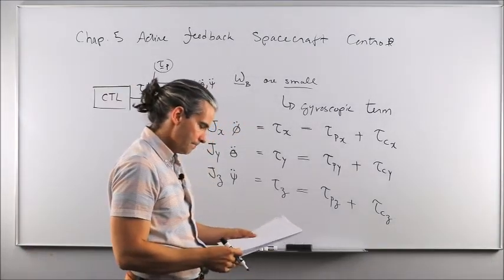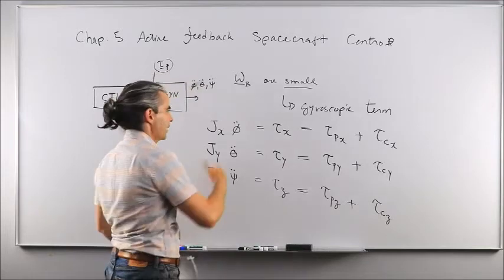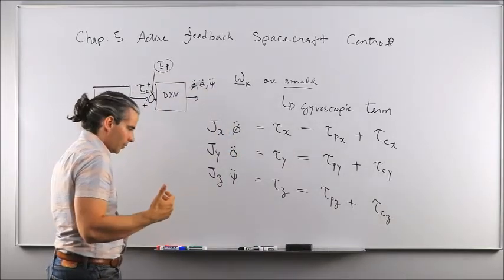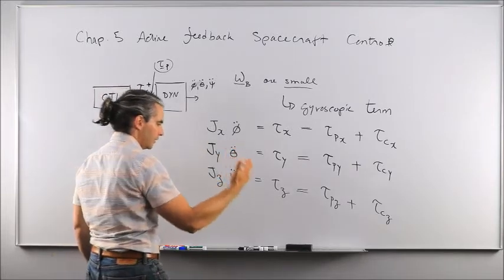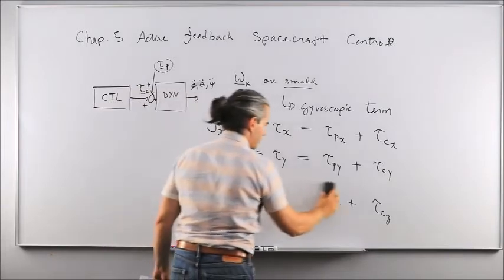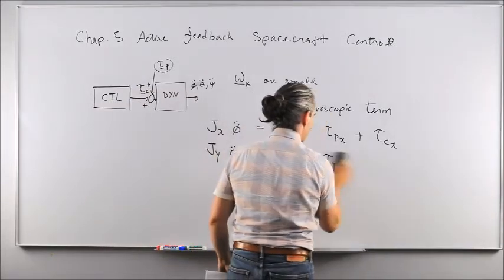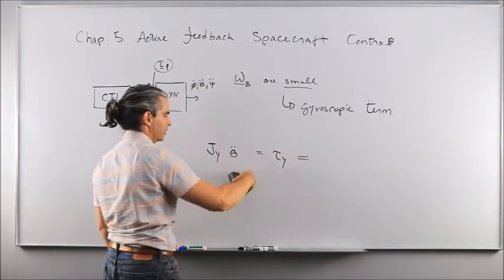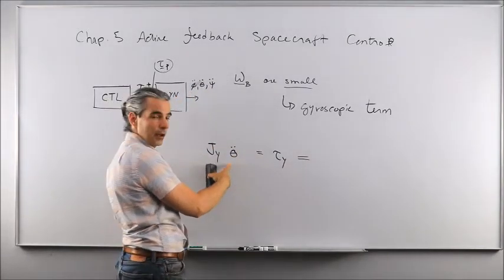Okay? And because, again, they share the exact same form, all three axes being decoupled, we're going to generically denote our dynamical equations that we're going to be playing with throughout this chapter as being a generic angle denoted theta. And that theta no longer corresponds to pitch.